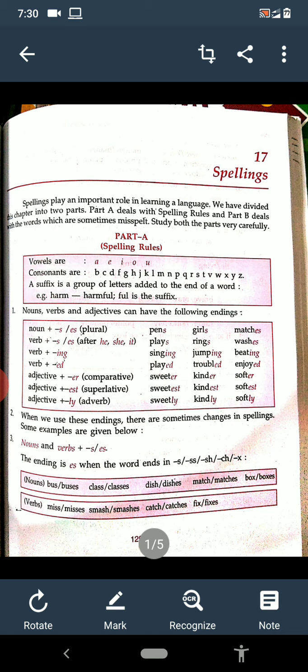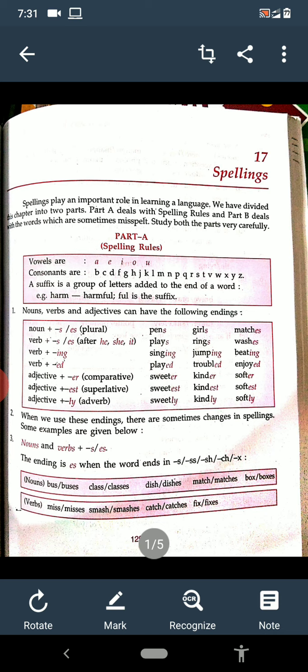Then verbs, S or ES, after he, she, it, singular verb: plays, rings, washes. Then verb plus ing, present participle: singing, jumping, beating. Then verb plus ed, they are regular verbs. Those take D and ed in the end. Then they are played, troubled, enjoyed.